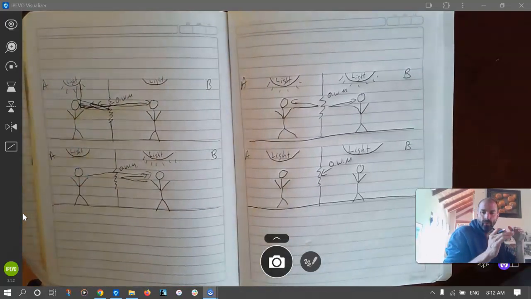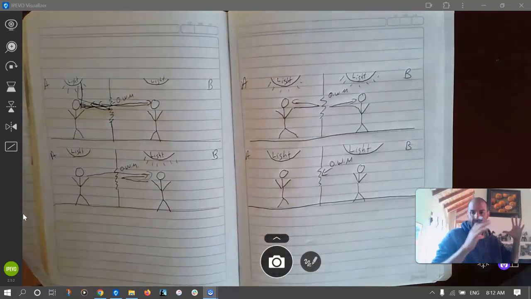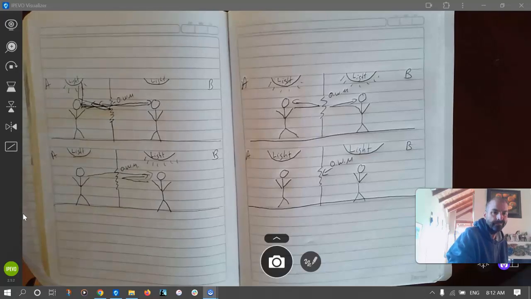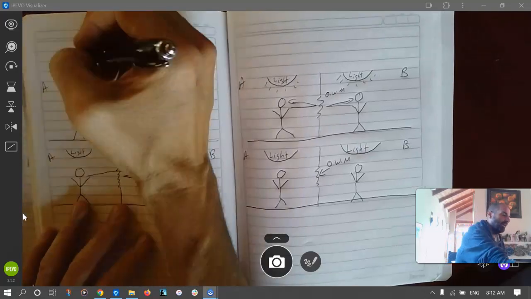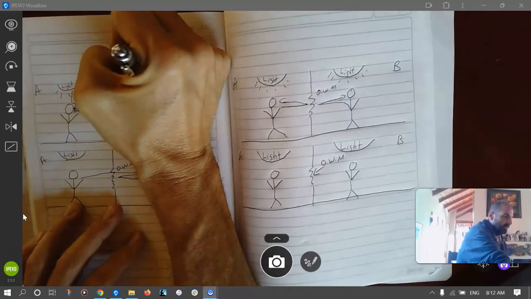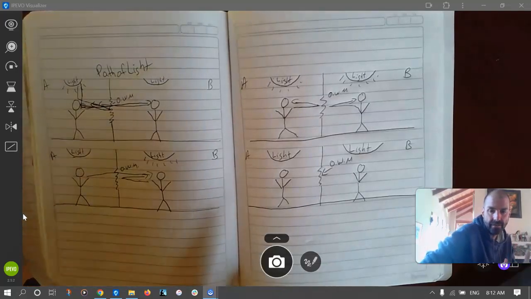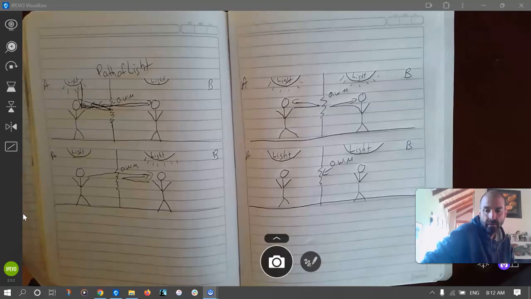Our arrows were pointing in the wrong direction, but they have to start from the light, come down, bounce off of the things, and go into the eyes of the people. So that's called path of light. That unobstructed path that goes from the light source to your eye. The way we were doing it was line of sight, which is not scientifically accurate.